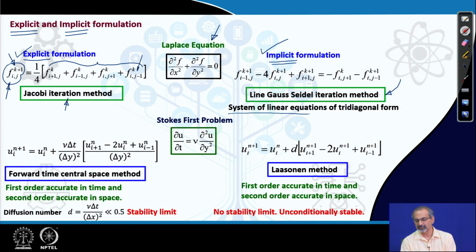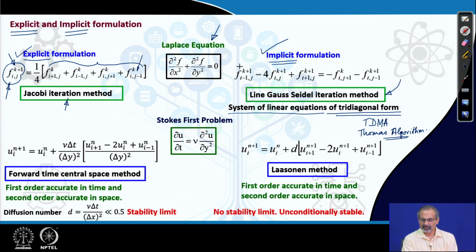Therefore, you have a system of linear equations which are often used in a very convenient form, which is called as a tridiagonal form, because there is a very efficient algorithm for solving such a matrix based problem, which is called as Thomas algorithm. We are not going to get into much detail of that here, but that is just for your information.